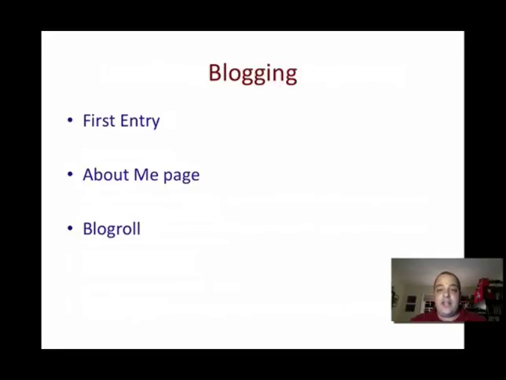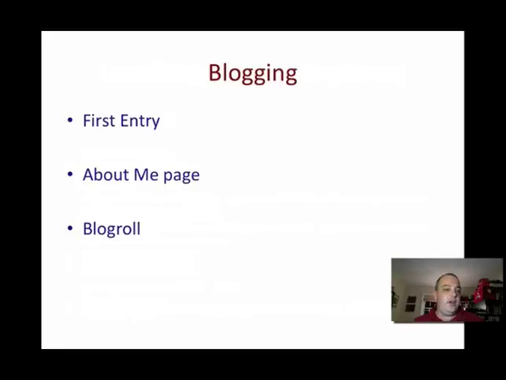You want to delete that and then create one that is typically an introductory entry. It tells the world a little bit about you, who you are, what you might be using your blog for, and in addition to that post, you're also going to create a page.